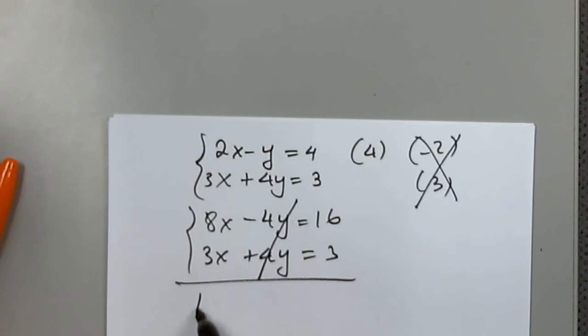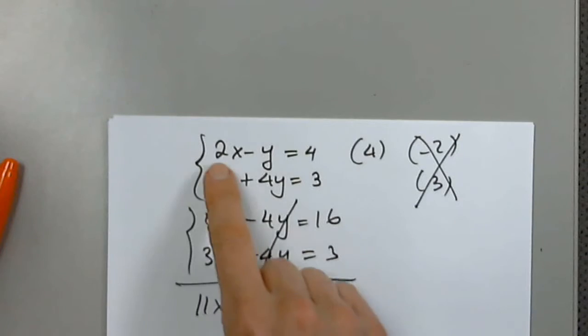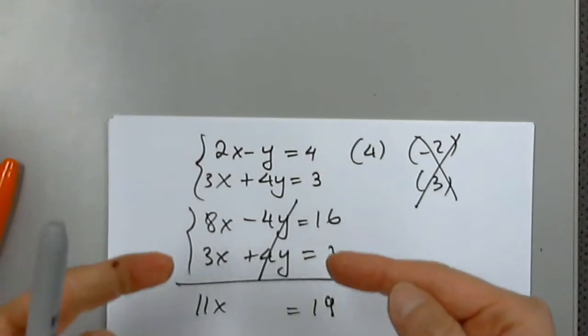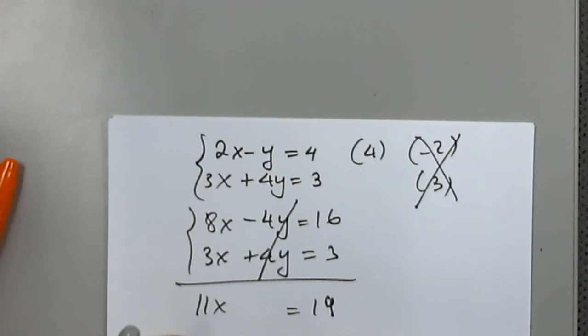Then I do this, and I get 11x equals 19, correct? That's what I'm doing here, but it doesn't look like this. So here's what we did. We multiplied one equation, both sides by 4, and we added it to a second equation, and we got a result. That's the third operation with these row operations. So I will be multiplying one row by a number and adding the result to another row.